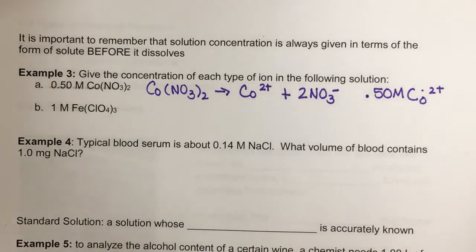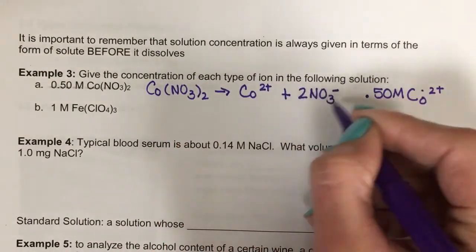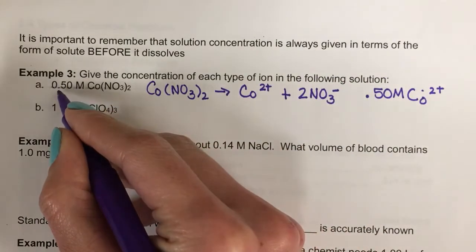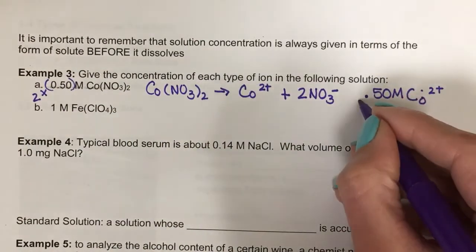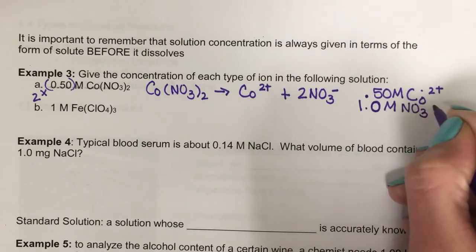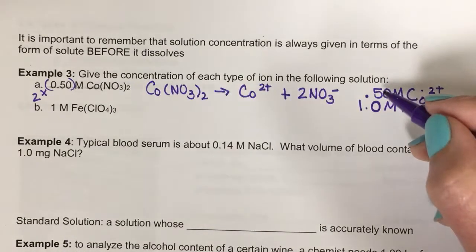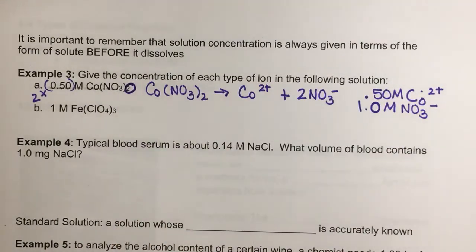However, because for every 1 mole of these I make, I have 2 moles of these, I would have, instead of 0.5, it would be 0.5 times 2. So I would have 1.0 molar NO3 negative. Okay? So when we're talking about it in terms of ions, you have to multiply the molarity by the number of ions present in solution.